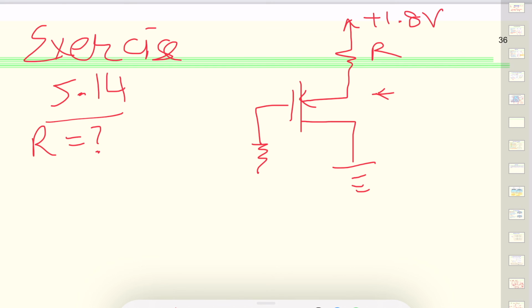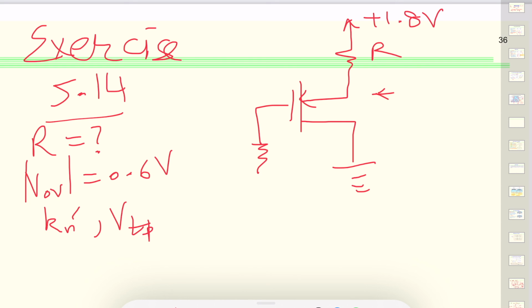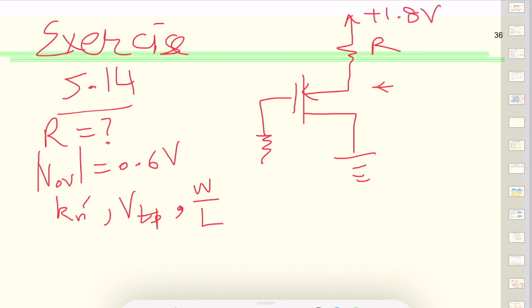That would result in an overdrive voltage of 0.6 volt. Threshold is given as minus 0.4. The process transconductance parameter Kn prime is given, and the width to length ratio is given. So we'll plug in those values when we look at the question.